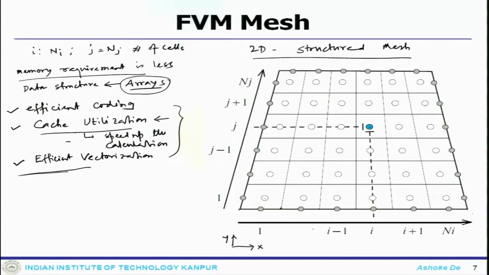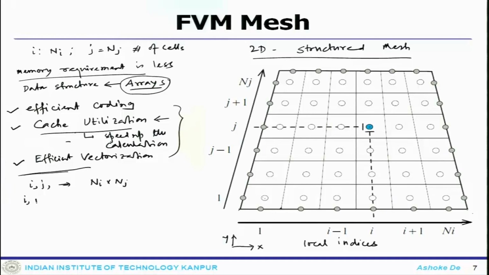And if you look at this numbering 1, 2, I, 2, Ni and Nj, these are essentially what you call local indices. So these are local indices which are tagged with that. Now once you go in I j direction, the total number of cells would be Ni into Nj.